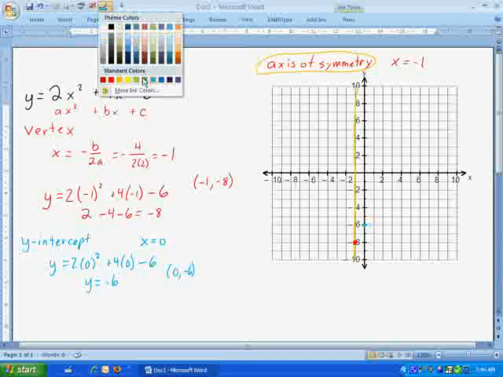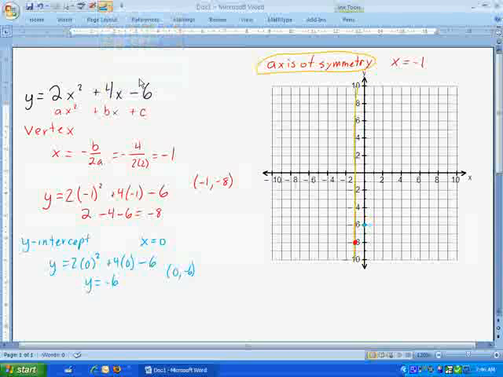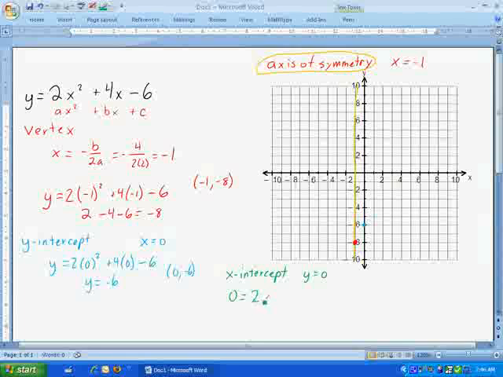And last of all, let's go for our x-intercept. Hopefully you'll remember that the x-intercept will come when y equals 0. And so I'm going to put y equals 0. And then I'm going to have 2x squared plus 4x minus 6. Now, you'll notice this time it's not quite as easy.